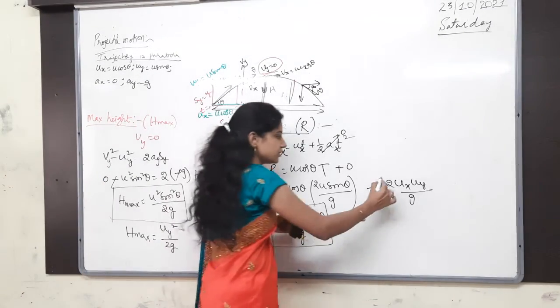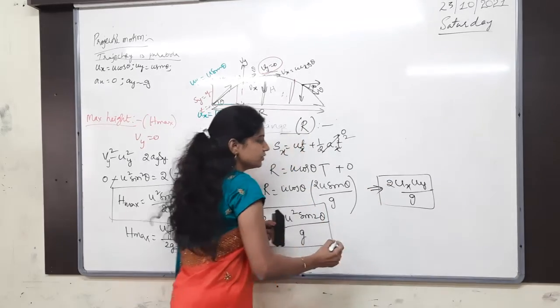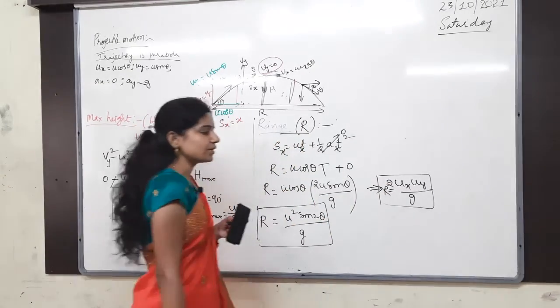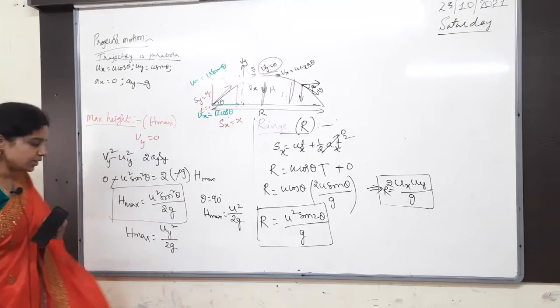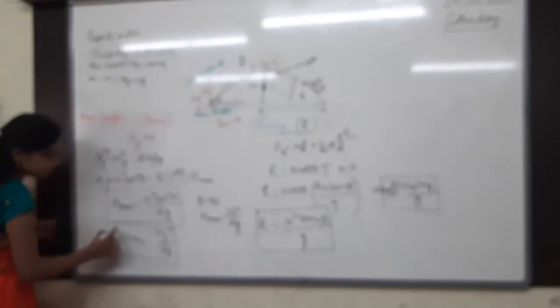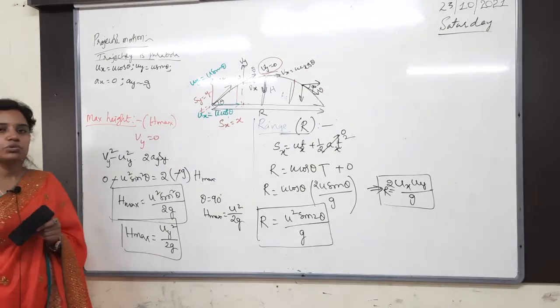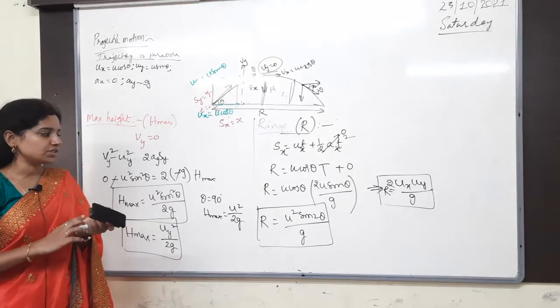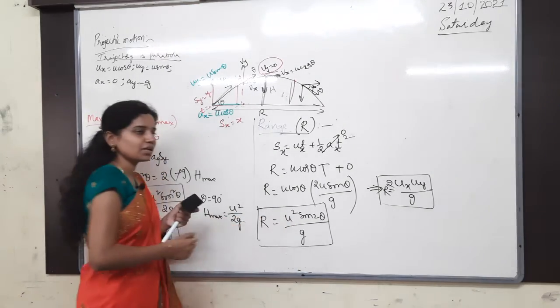This is one of the formulas for the range. If you want to remember the shortcut method properly, that is the easy method. So h = uy² by 2g, and R = 2ux uy by g, otherwise u² sin 2θ by g.